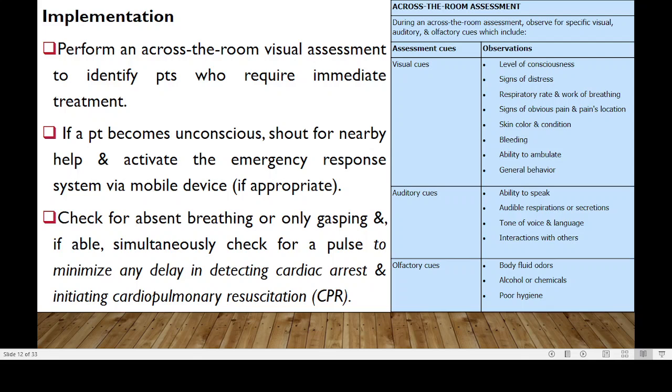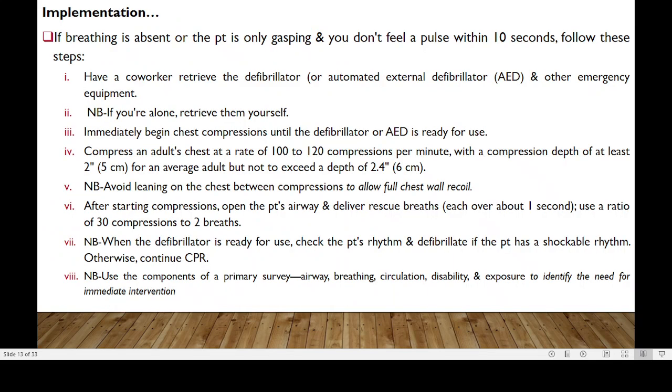Then you check for absent breathing or only gasping, and if able, you simultaneously check for a pulse to minimize any delay in detecting a cardiac arrest and initiating CPR. If breathing is absent or the patient is only gasping, you don't need to feel a pulse for 10 seconds.